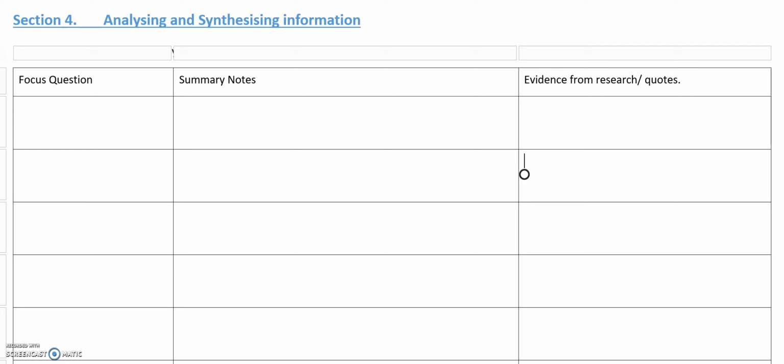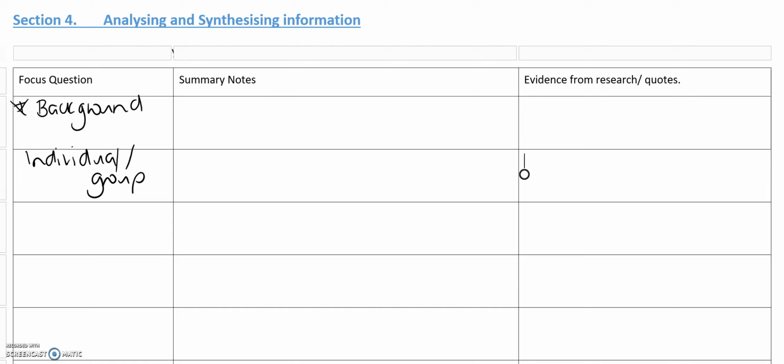So the best thing to do, like you did with the other table, is to copy and paste those focus questions from the very first table we did into this section here. So you'll have background, that question on background events, individual or group, depending.